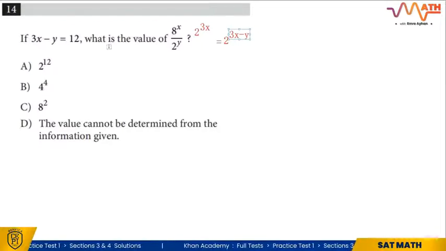Since 3x minus y is given as 12, this is going to be equal to 2 to the power of, of course, 12. Answer is A.